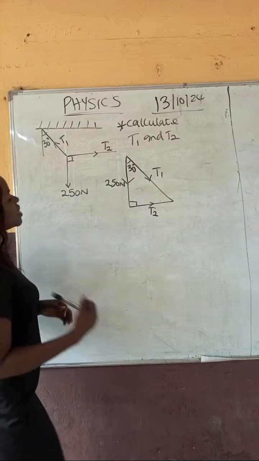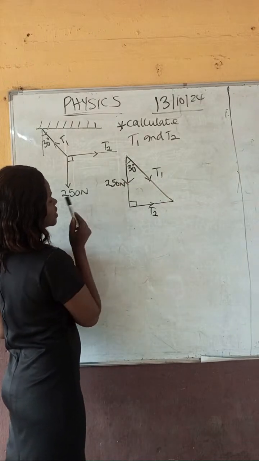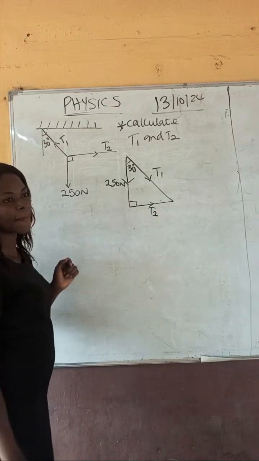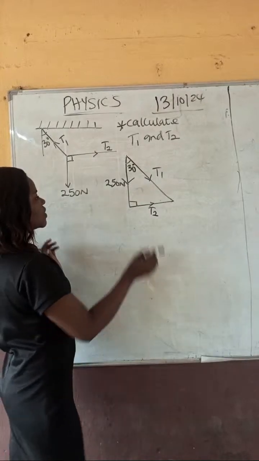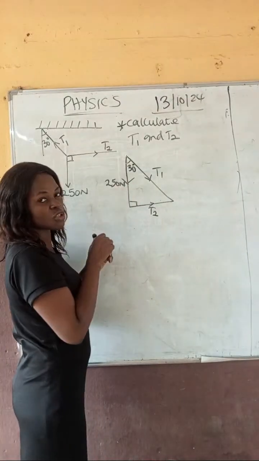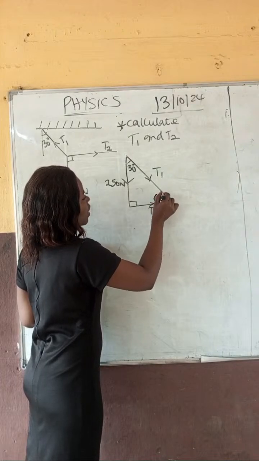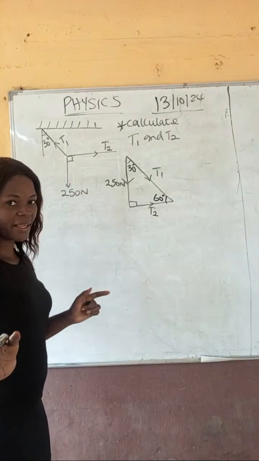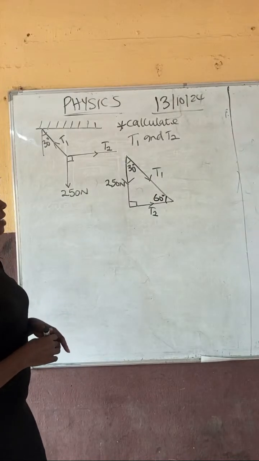Now, if this is 90 degrees, this is 30 degrees, what will be here? Sum of angles in a triangle is equal to 180. So this is 90 plus 30 to give me 120. I'm going to have what left? 60. Is that okay?